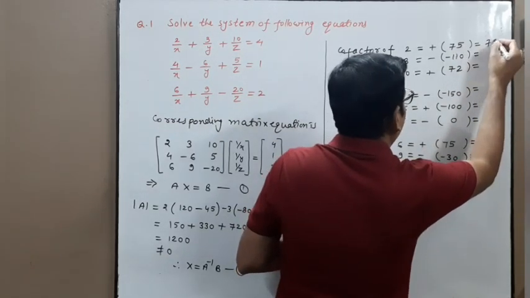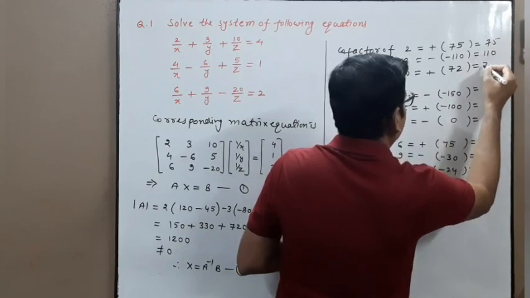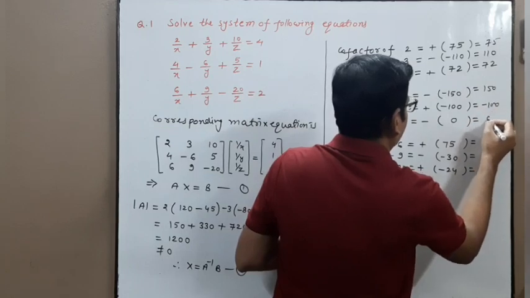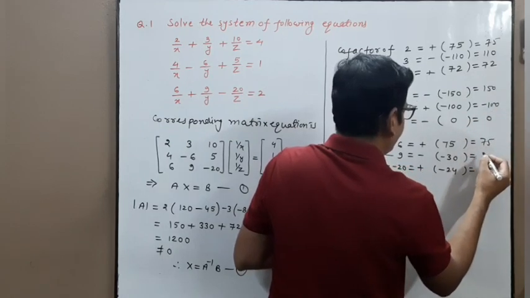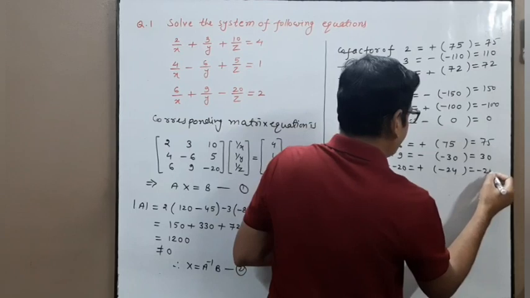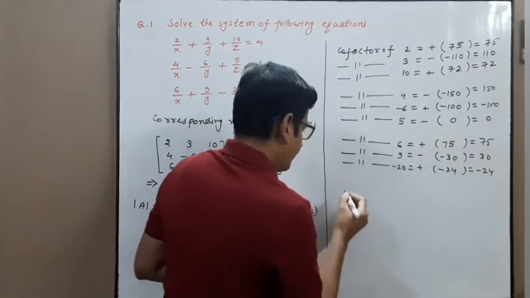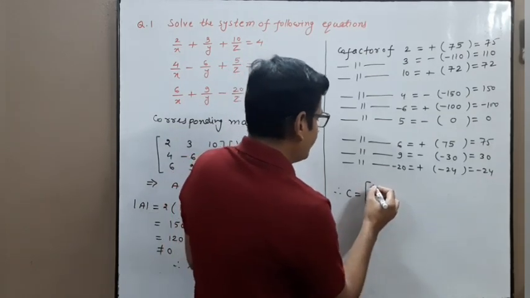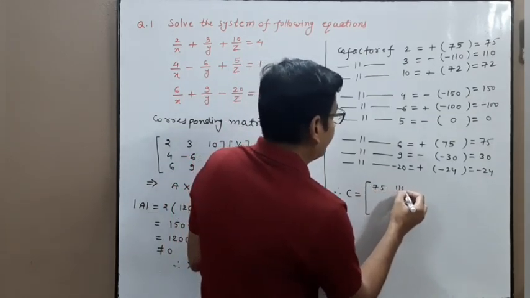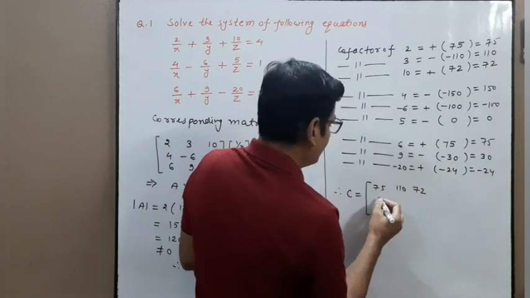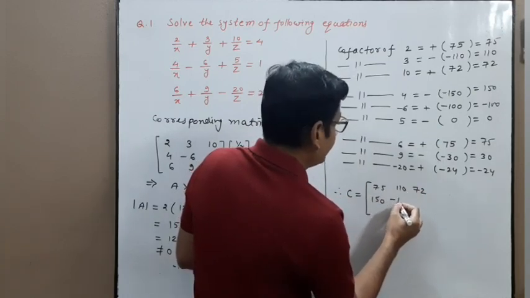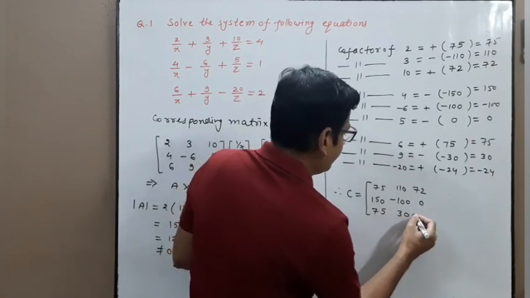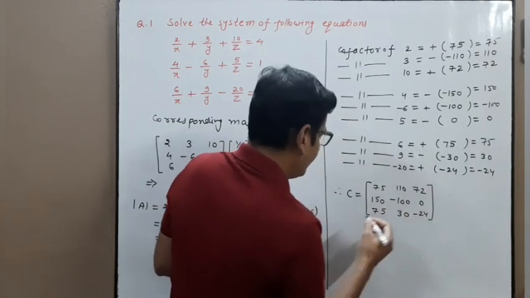Now write 75, 110, 72; 150, minus 100, 0; 75, 30, minus 24. So therefore the cofactor matrix is this.